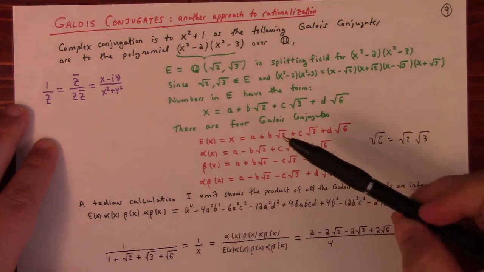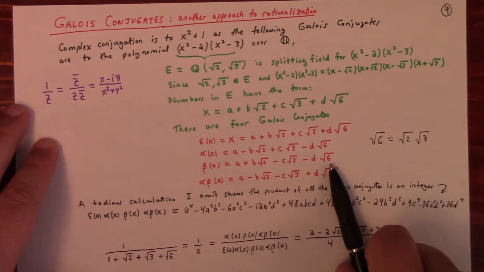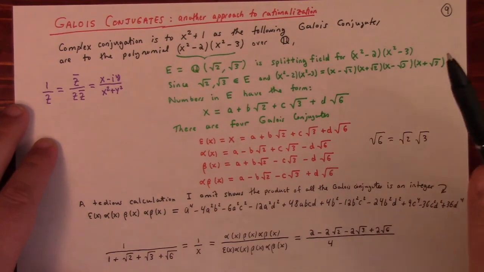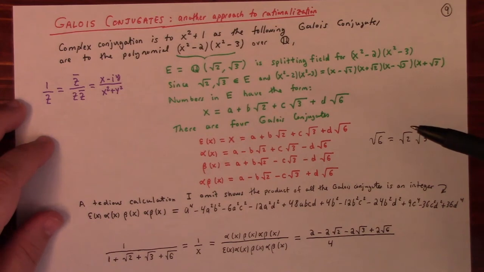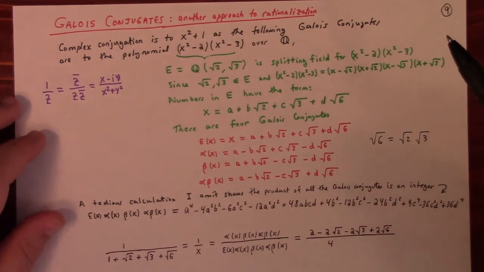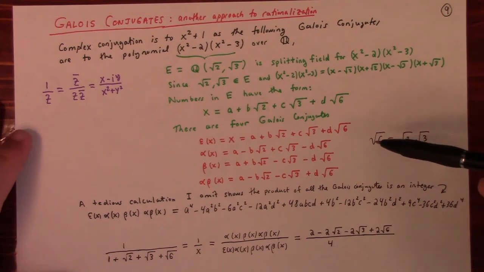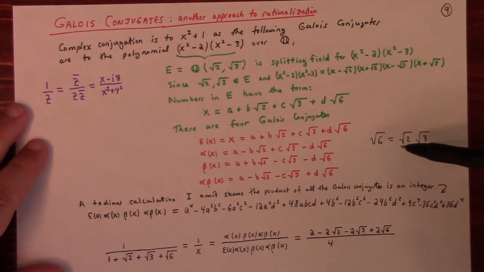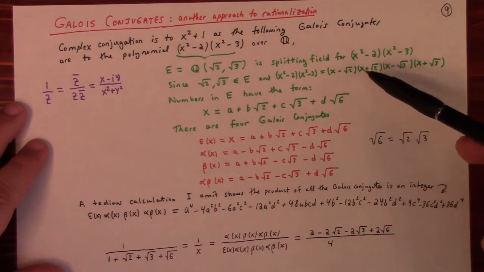And likewise, beta swaps the sign of root 3 to minus root 3. And so anyway, basically when you study the theory of all this, the Galois conjugates have to send these roots to these roots because of what the Galois conjugates are. They're a so-called automorphism of the field. And so anyway, these are the 4 possible automorphisms of the splitting field.